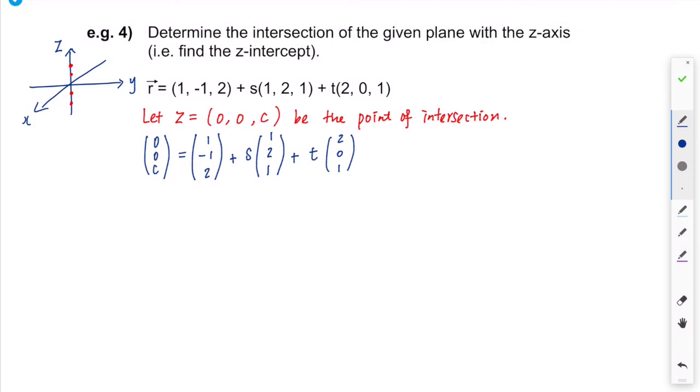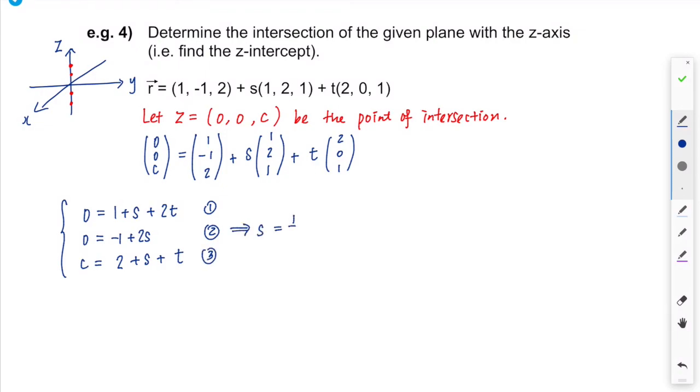We can come up with 3 parametric equations here. 0 equals 1 plus s plus 2t. 0 is also equal to negative 1 plus 2s, and then C is equal to 2 plus s plus t. And here we go. Okay, so obviously from the second equation, we can identify s as being 1 over 2, if there is a point of intersection, or if there is a z-intercept.